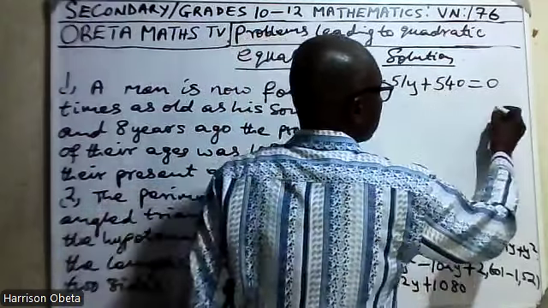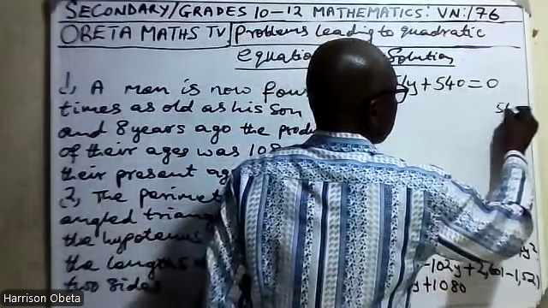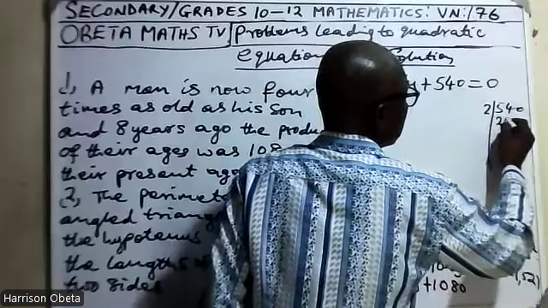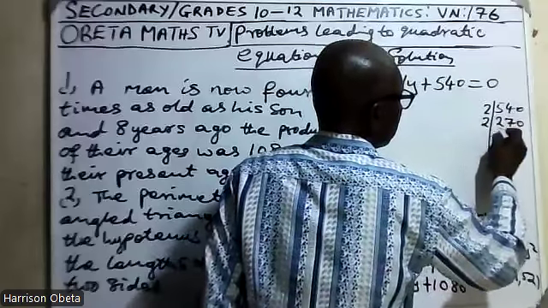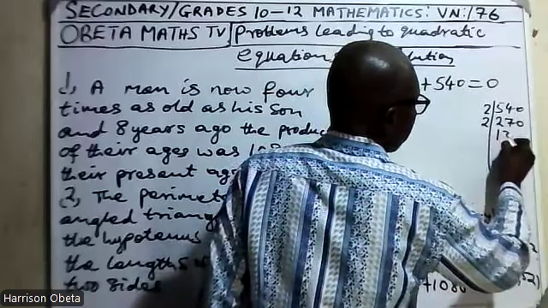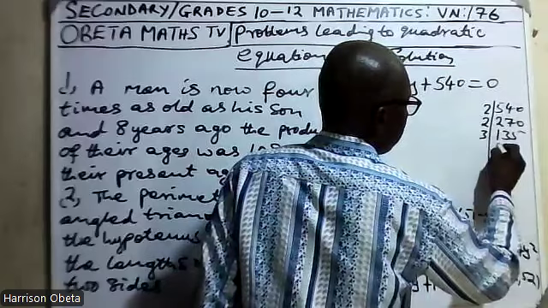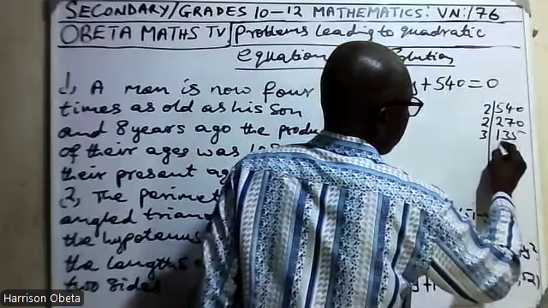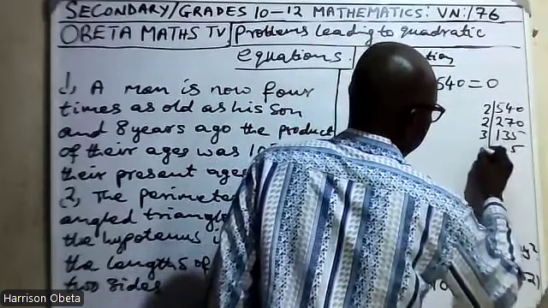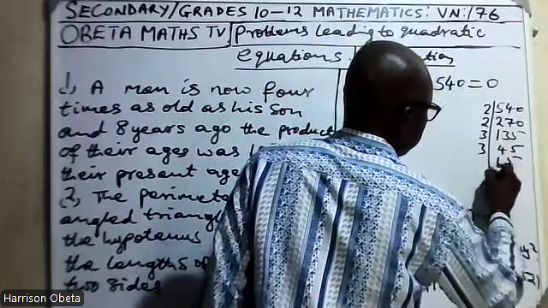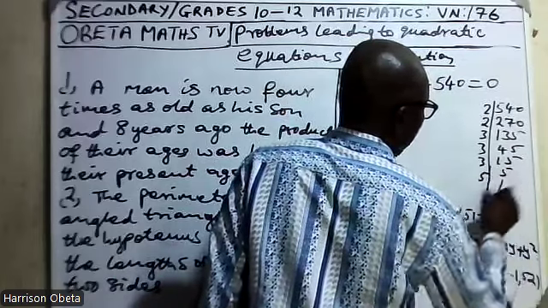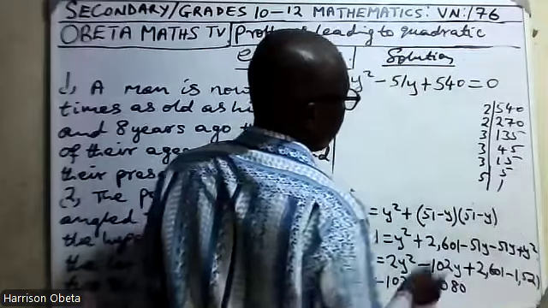So we can quickly use long division. 540, 2 here is 270, 2 here is 135, 3 threes are 45, 3 fives are 15, 3, 5, 5, 1. So let's see.